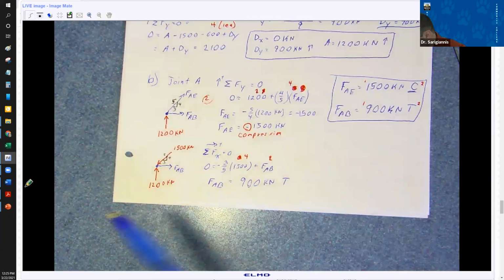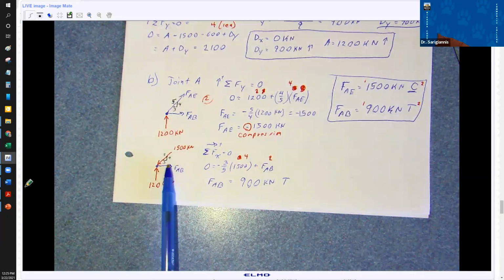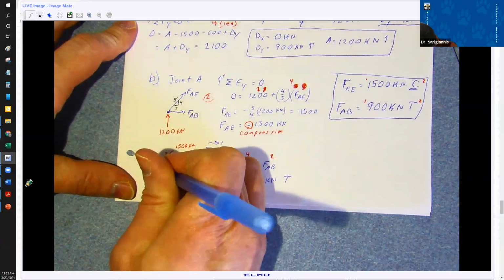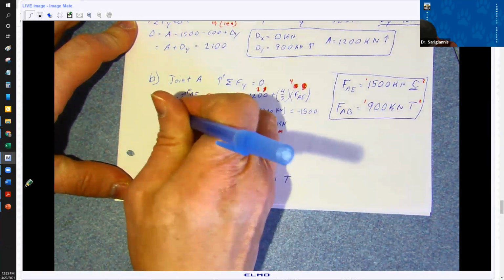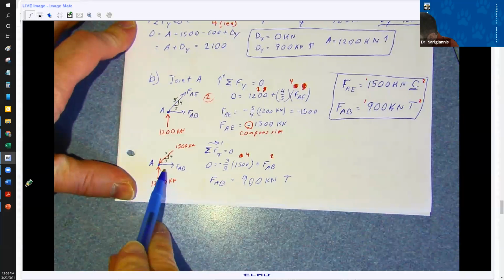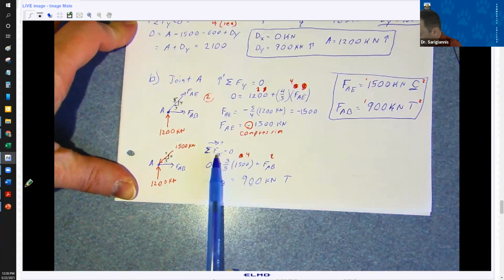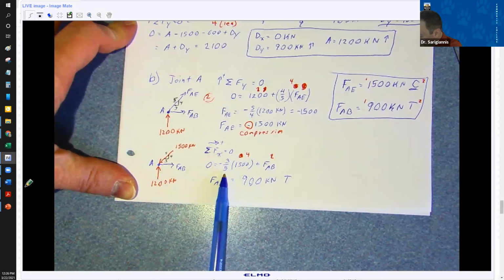So I drew myself a second diagram. I wasn't expecting you to draw two diagrams, but it's good to keep track of things. I know I have 1,500 kilonewtons acting on point A, and I have 1,200 kilonewtons acting up on point A. Put A here. And that leaves me with this unknown FAB. So I do the force balance now in the x direction. What do I have?